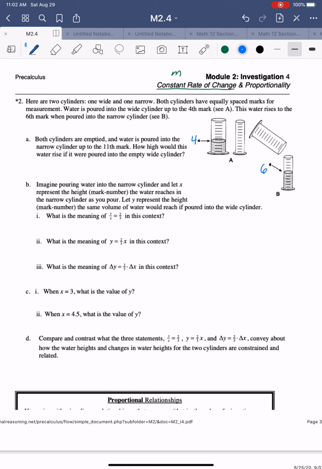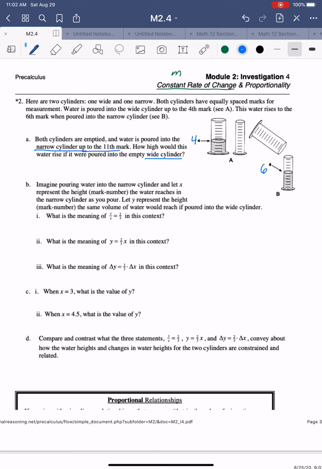The water would rise 4/6 times the mark that the water rose to in the narrow cylinder. So the ratio between the pour into the narrow cylinder, 11, and what happens in the wide cylinder is what we're looking for.